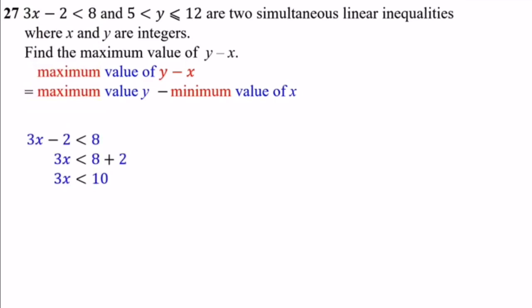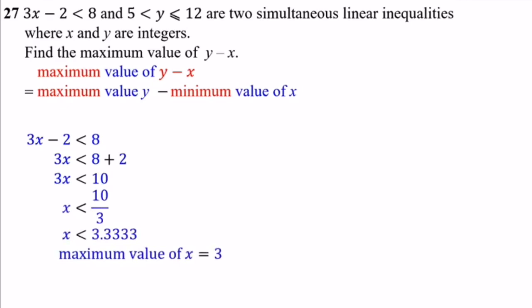Okay, so we use a number line so that we can choose the integer which is less than 10 over 3. Understand? So now x is less than 10 over 3. 10 over 3 is 3.333. You write it in decimal, easy for you to list down the x. So in this case, we list down the x values so that later we can choose the value and substitute into y minus x.